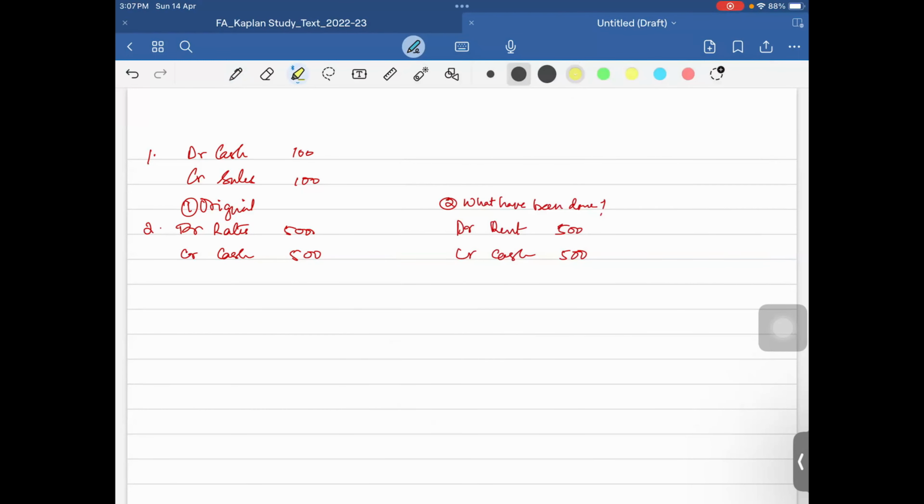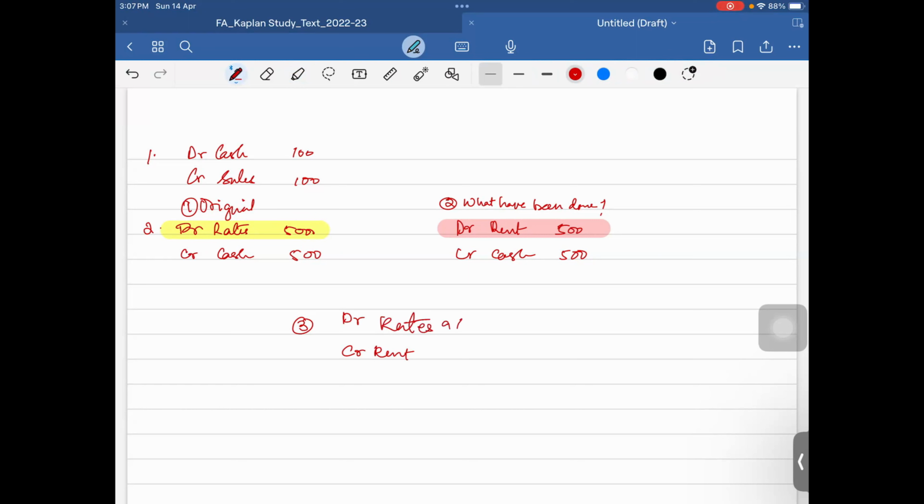So rent has been debited unnecessarily, and rates have not been entered at all. Clear? That is our problem. How do you correct it? You cancel it, reverse it. Rent was debited, so credit rent and debit the original entry. Understood?